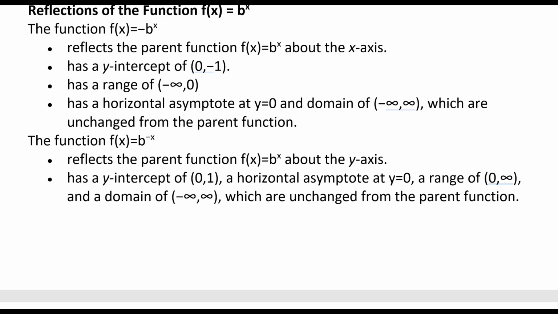Now, contrast that with f of x equals b to the -x, which reflects the parent function f of x equals b to the x about the y-axis. It has a y-intercept of (0, 1), a horizontal asymptote of y equals 0, a range of 0 to infinity and a domain of negative infinity to infinity, which are unchanged. So it's basically reflected across the y-axis.